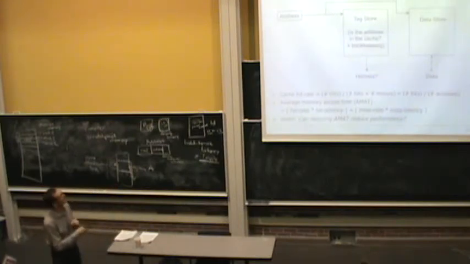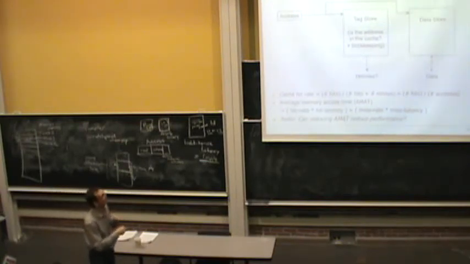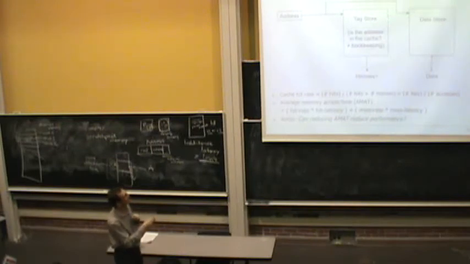So this is the abstraction of a cache. Basically, you get an address and you need to figure out whether your cache contains the data. The cache is logically and physically divided into two things. The tag store basically answers the question: is the address in the cache? You get a hit-miss signal out of this tag store.